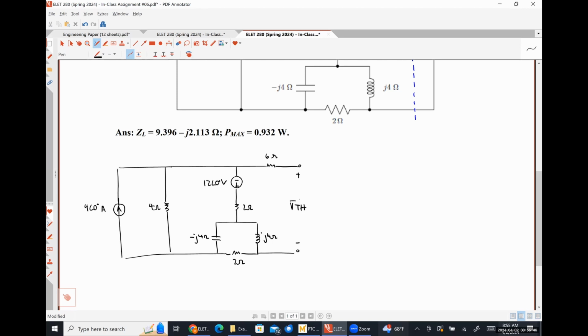So if we find the Thevenin voltage here and we want to apply it to our power calculations, we're just going to need to divide the magnitude by square root of 2 to put it in terms of an RMS phasor. Okay, so how might we go about finding our Thevenin voltage for this circuit?